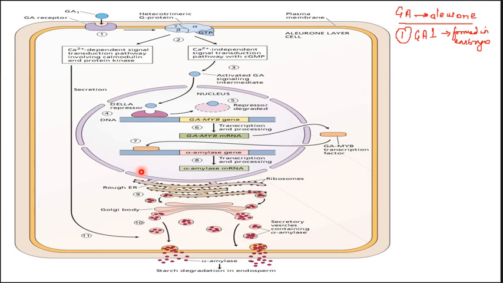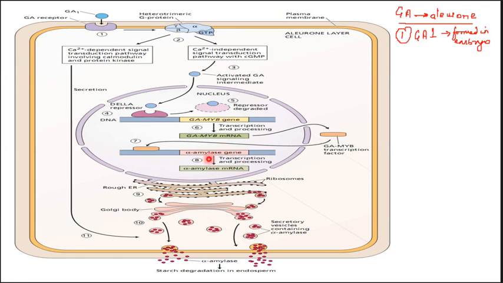Because what is happening in the aleurone layer? In response to GA, alpha amylase is produced. So once MYB protein enters, it binds to the promoter of several hydrolytic enzymes, including alpha amylase. After that, the alpha amylase gene will be transcribed and translated.